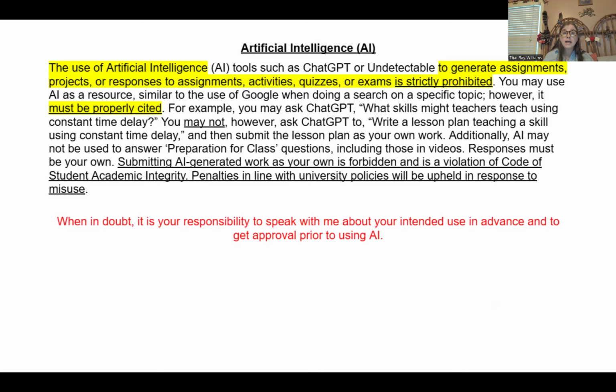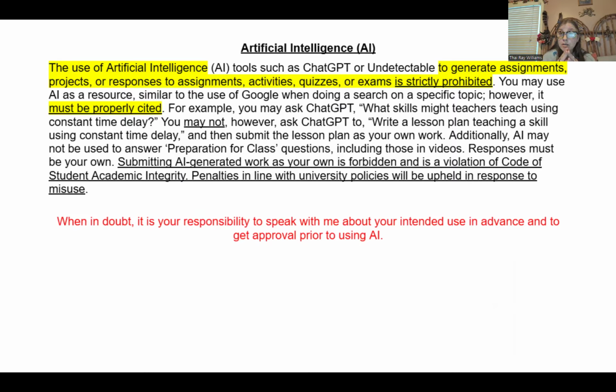And not only that, it is forbidden and it is a violation of the Code of Student Academic Integrity. And so there are penalties in the university related to the misuse of things like AI. So I want to let you know that it is my responsibility to uphold those policies.